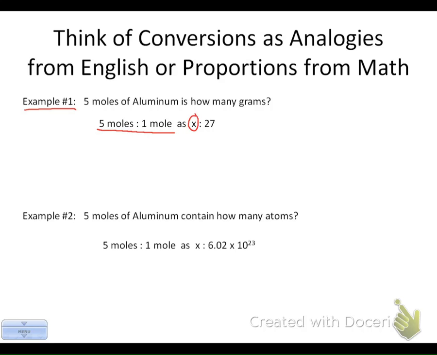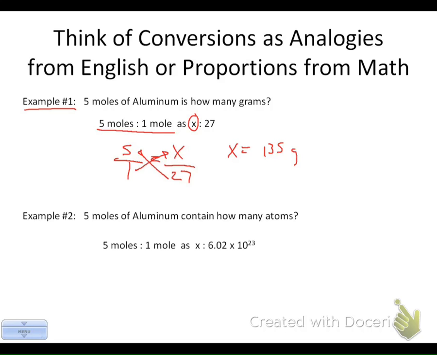But if you think about it, and even set it up as a proportion, 5 is to 1 as x is to 27. Well, in solving for x here, this becomes something you've done a lot of in math. You cross multiply, and you get x equals the 135 number that we got on the previous slide. If this makes more sense to you, then you have my permission to do it this way.